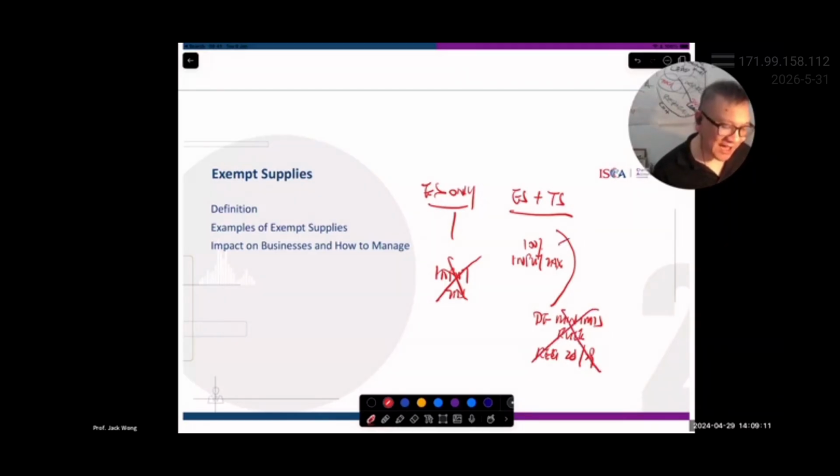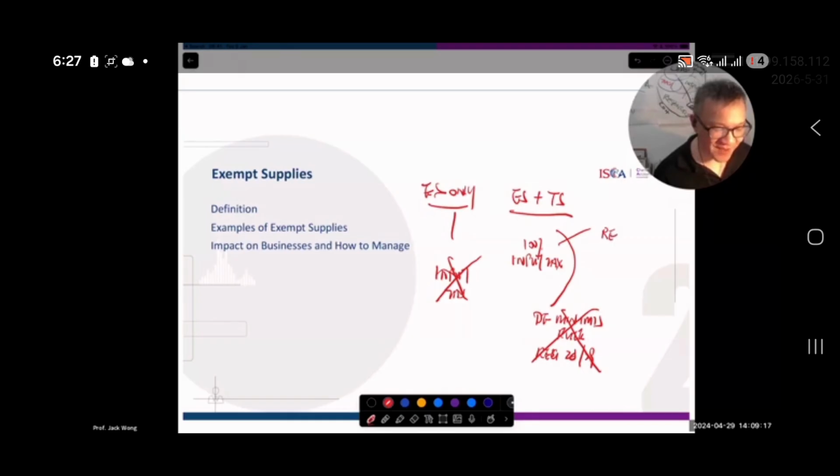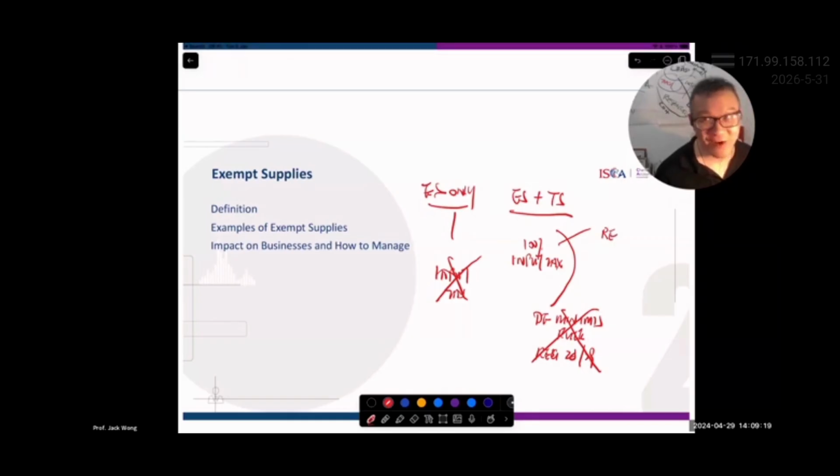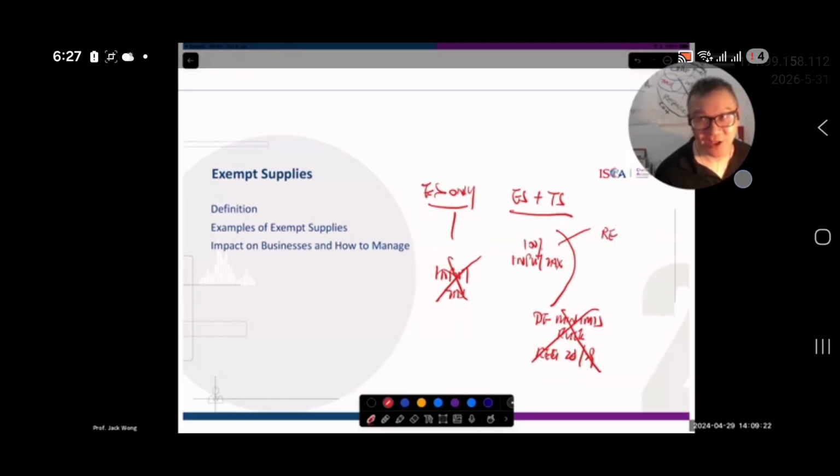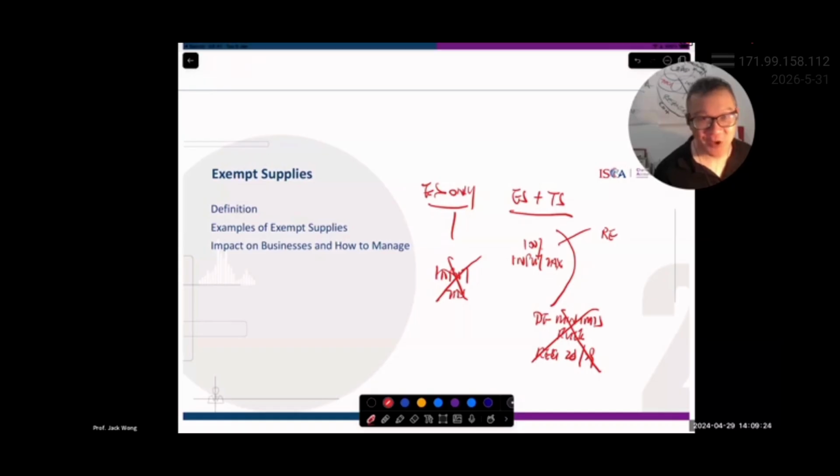Then I may have to claim for some common expenses, such as office rental, your audit fee, professional fee, which you cannot pinpoint specifically to the making of taxable supply or the making of exempt supply. We call it residual input tax. Then you are required to apply the formula to decide how much input tax you are not allowed to claim.